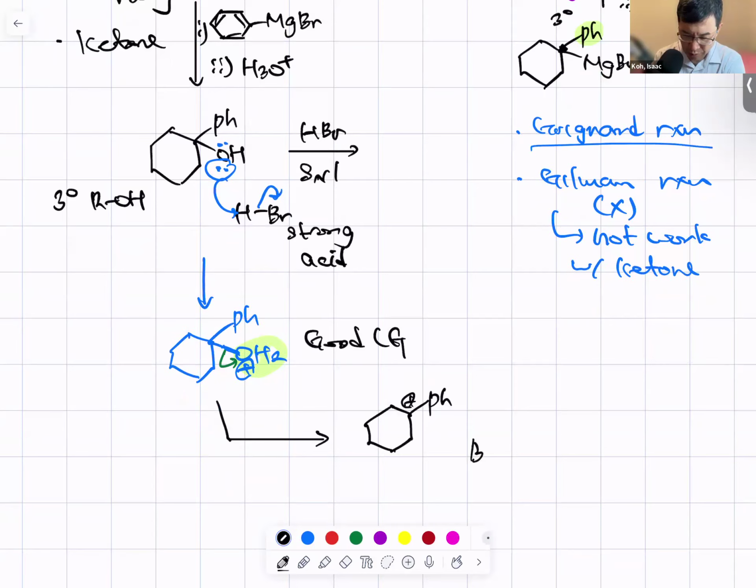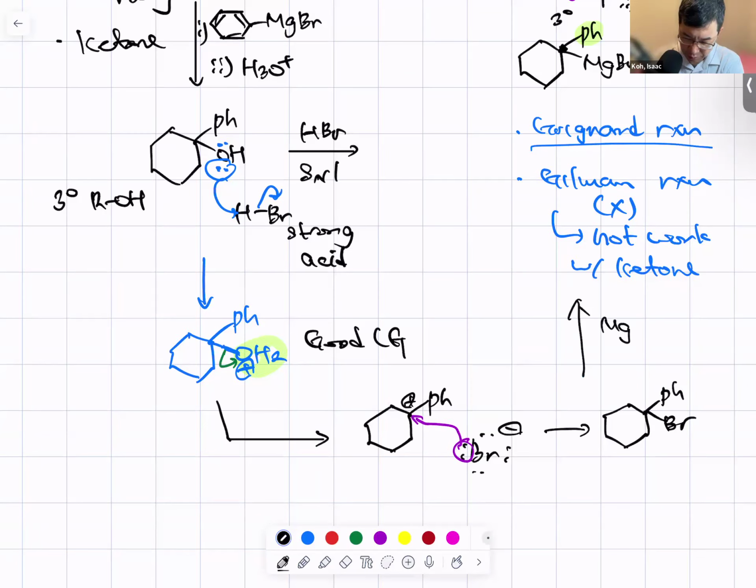This one is a strong nucleophile, so it will attack the carbocation center, forming our tertiary alkyl bromide. And then you treat this one with magnesium in diethyl ether solvent.